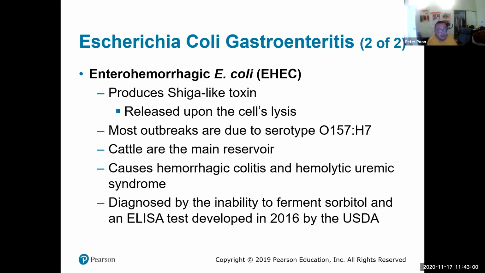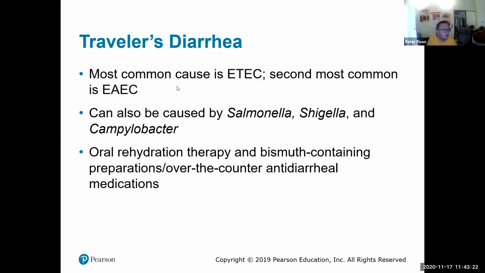This strain of E. coli grows better in cows because they're fed so much corn. Their diet is not naturally corn, but corn makes them grow faster, which is important to farmers.